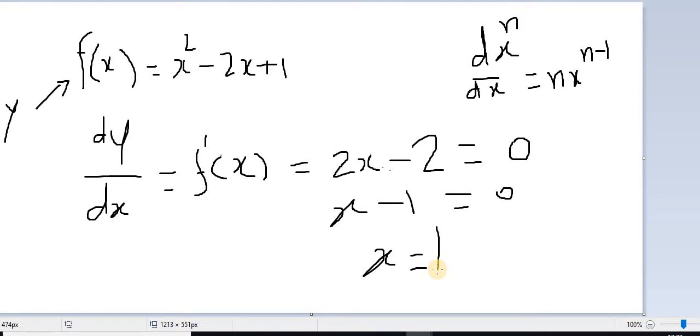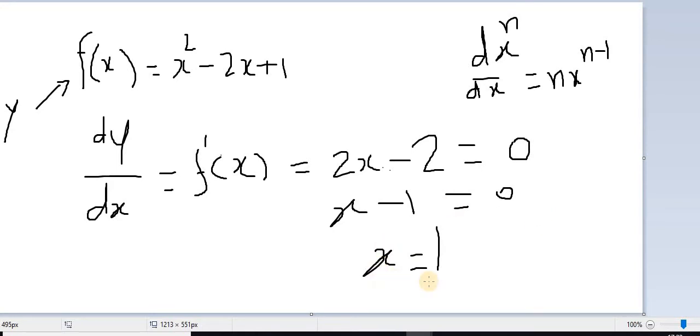So at this value, this function becomes minimum. This is the first order derivative test. There is also a second order derivative test if a function has multiple maxima and minima. If there is only one minima, we can use the first order derivative test, and if this is the cost function, it is minimum at x is equal to 1.